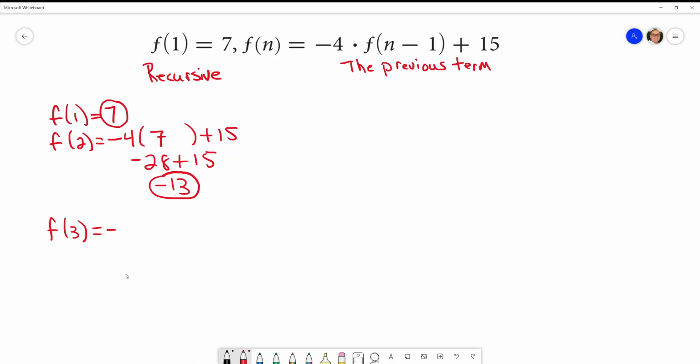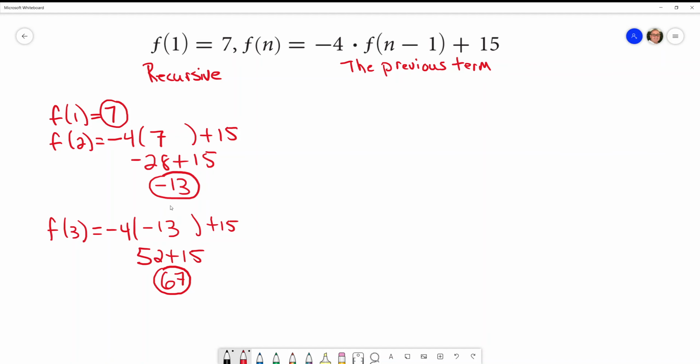So I have here -4 times the previous term plus 15. And if we're trying to find the third term, then the previous term is the second term, which is -13. So we multiply. -4 times -13 is positive 52. And 52 plus 15 is 67. So that's our third term is 67.